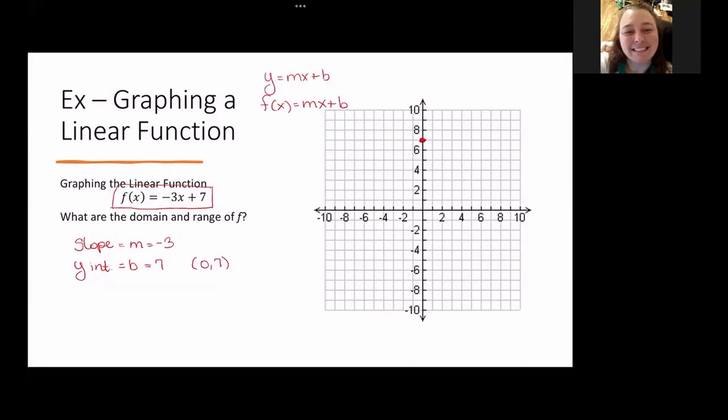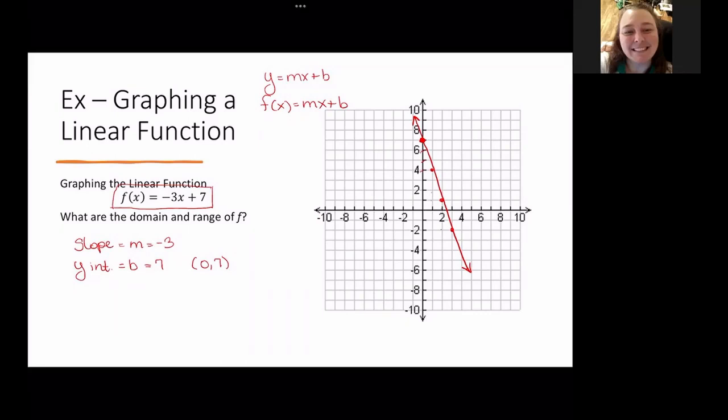From there, we know that the slope is -3, and our slope is our rise over our run, so our rise is going to be -3, but because it's negative, we're actually going to go down 3, so 1, 2, 3 over 1. Okay, let's connect those points into a line, and we get something that looks like that.